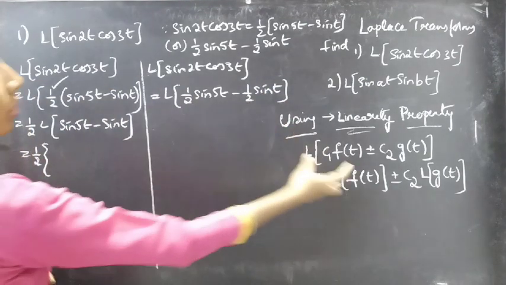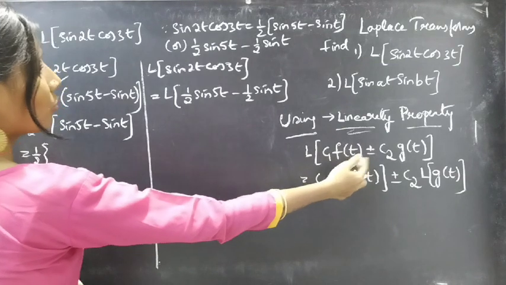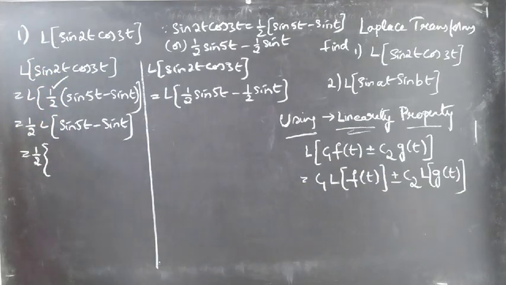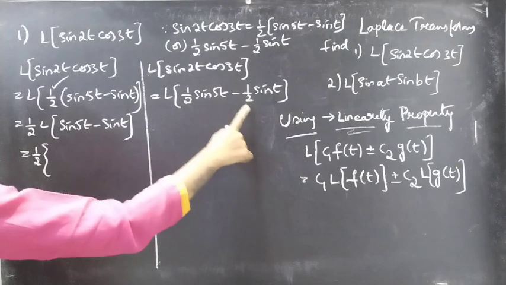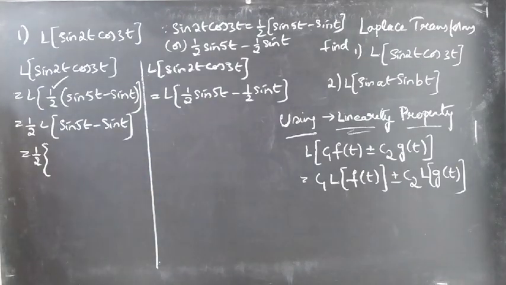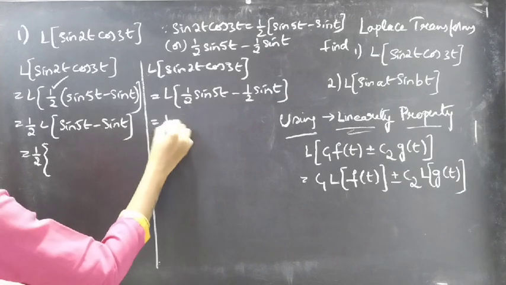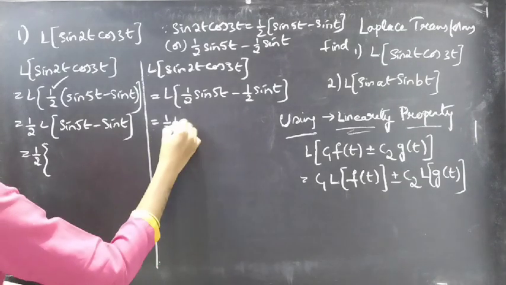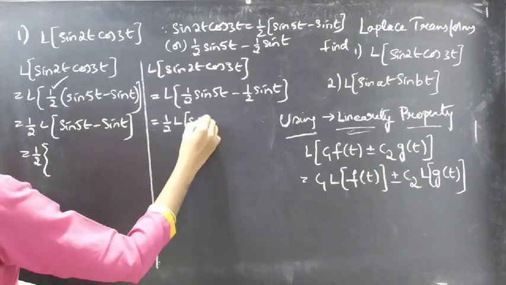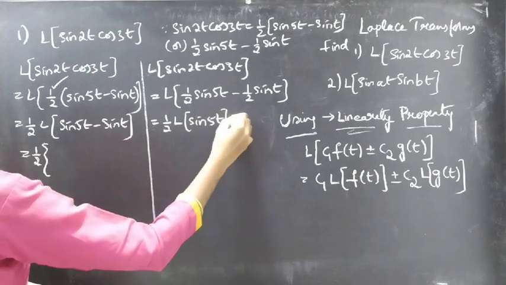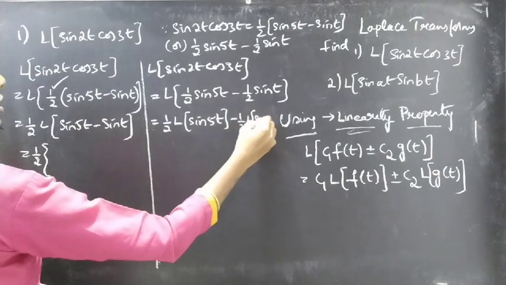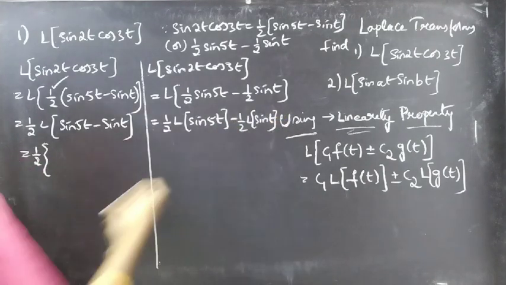Just compare this with L of C1 f of t plus or minus C2 g of t. Then C1 equal to 1 by 2 and C2 equal to 1 by 2. We have the same constants, and here we can apply the linearity property: half into L of sin 5t minus half into L of sin t.